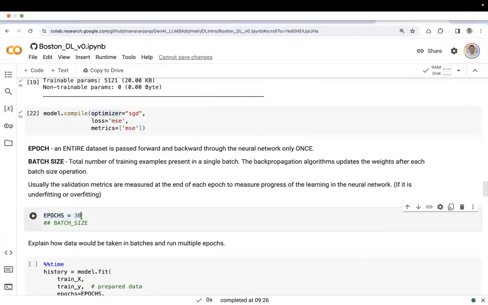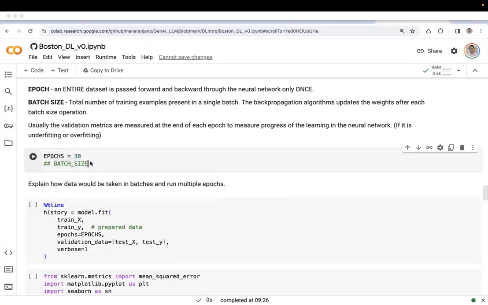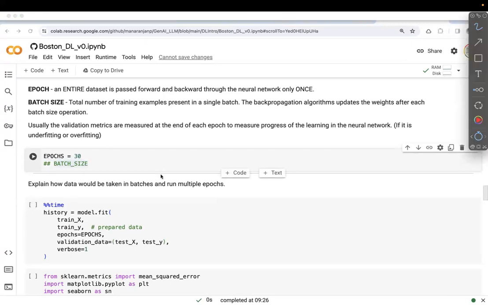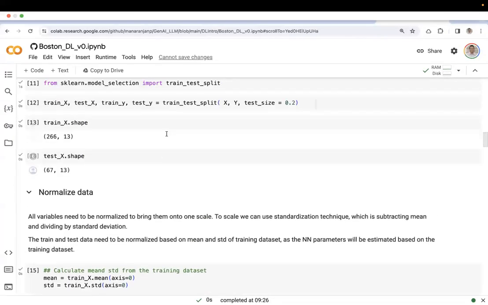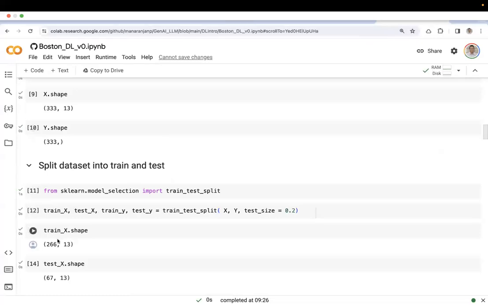So here I'm saying that 30 times you'll do it. Batch size by default is defined in the framework as 32. Okay. So every time you're going to send 32, and how many samples do we have in total? I forgot. 226 training samples, right?